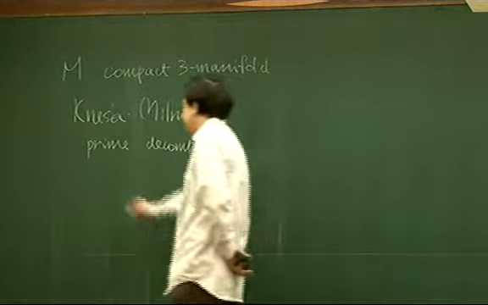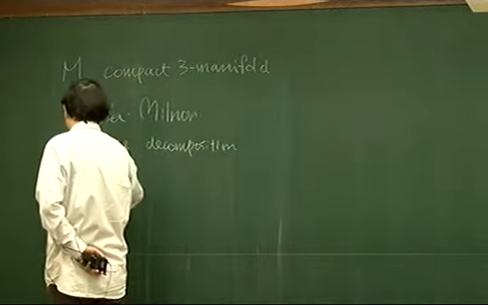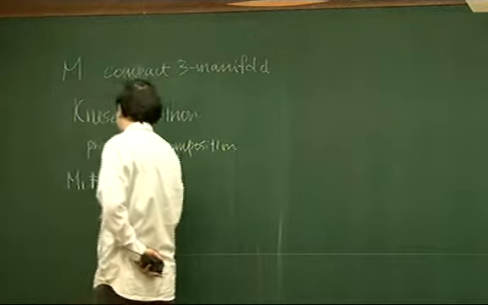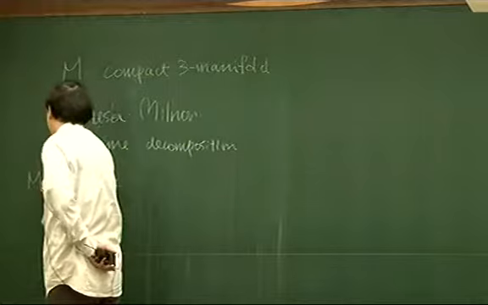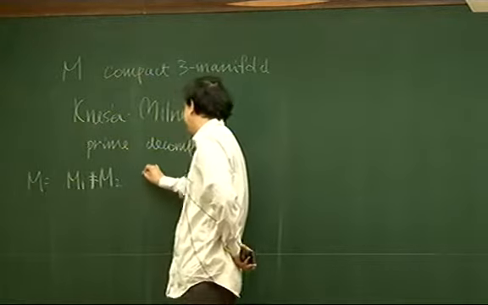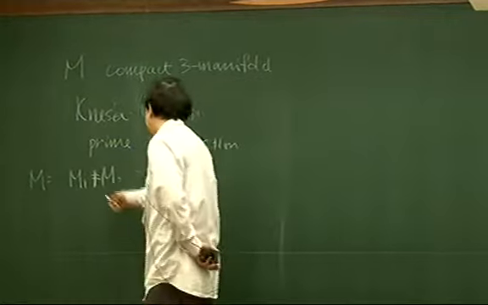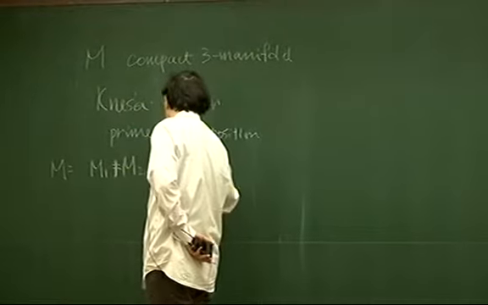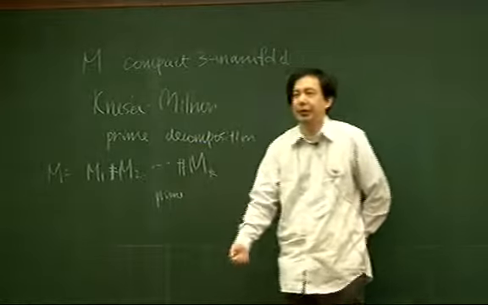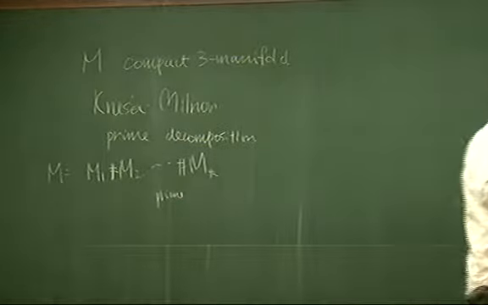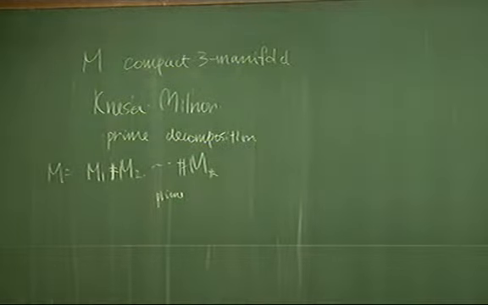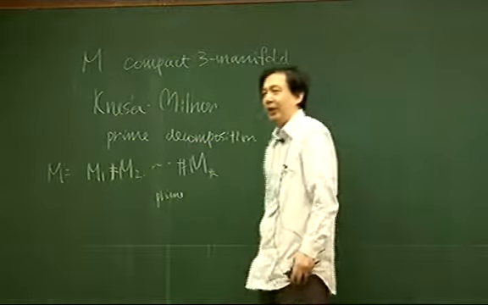The prime decomposition is just the connected sum. Any three-manifold can be decomposed into finitely many prime manifolds. A three-manifold is said to be prime if it doesn't admit a prime decomposition anymore. If it cannot be decomposed into a non-trivial connected sum, then it's called prime.